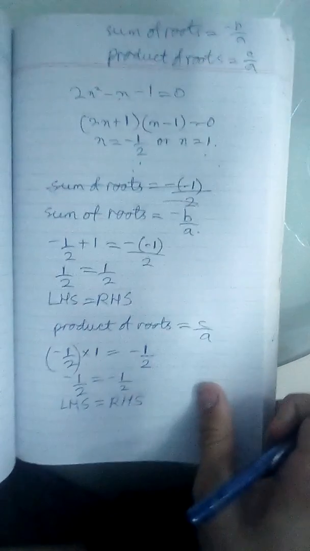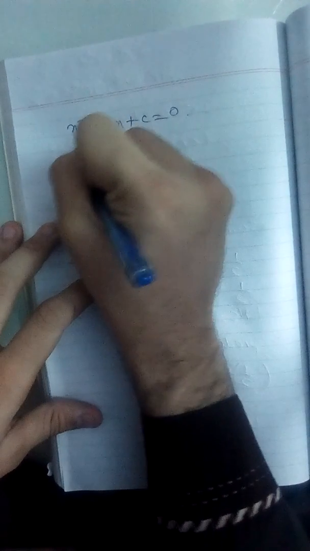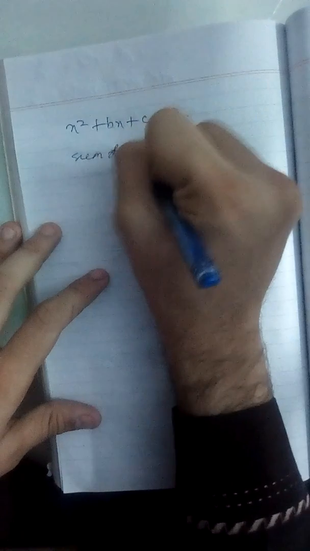So what's the difference between the previous lecture and this lecture? What's the difference between these forms? There is no difference in concept, but there is obviously a difference between the formula. For the equation in the form x squared plus bx plus c equals 0, the sum of roots is equal to minus b.